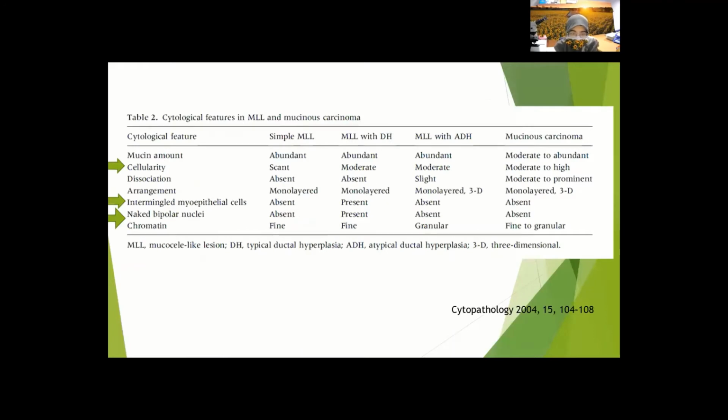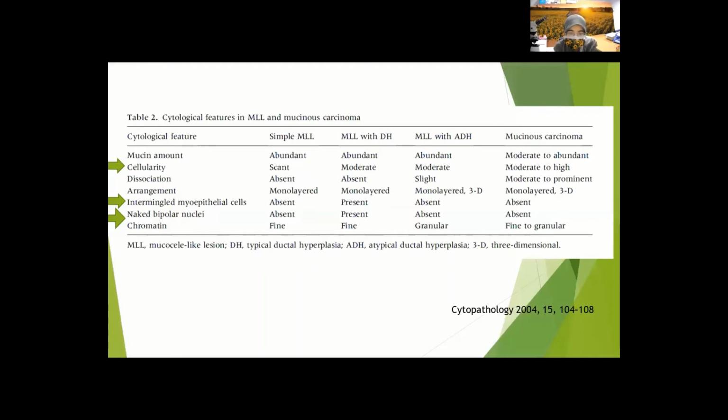So this article actually described the cytological features in mucocele-like lesion as well as mucinous carcinoma. Based on the cases that they reviewed, they isolated a few features like mucin amount, cellularity, dissociation of the cells, cell arrangement, intermingled myoepithelial cells, naked bipolar nuclei, and the chromatin pattern of the cells.